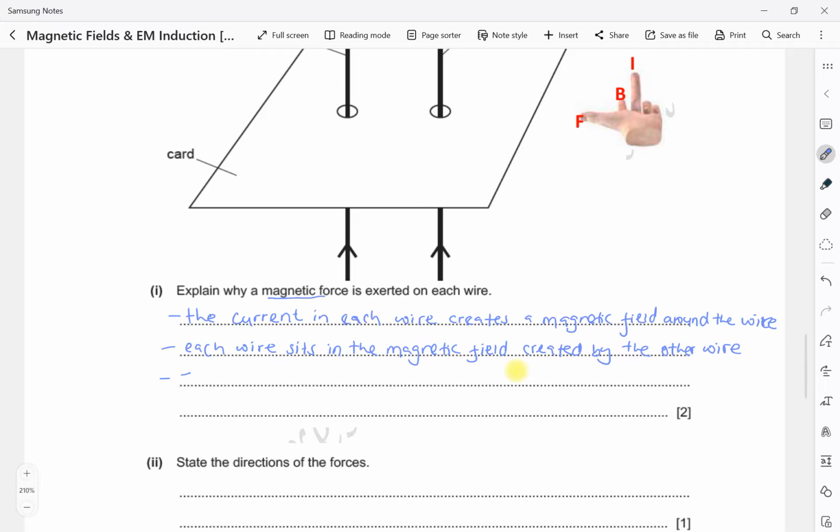So for each wire, the current is perpendicular to the magnetic field due to the other wire.